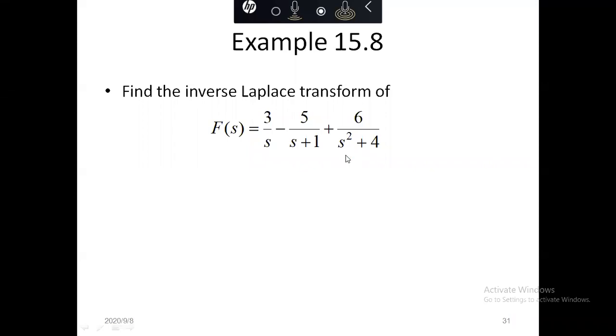I will give you a few minutes to think about it, and then I will show you the solution. You have seen that this is a sum of functions, so using the linearity property, we take the inverse Laplace transform of the individual functions.